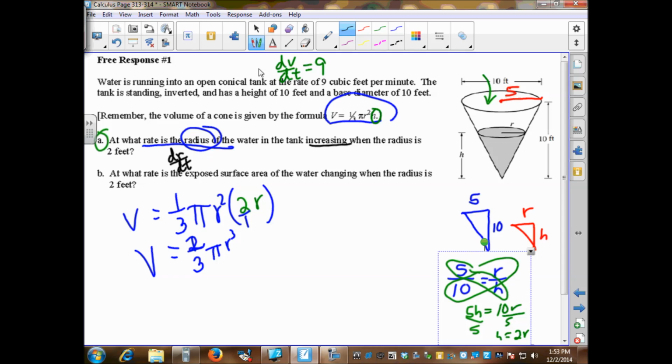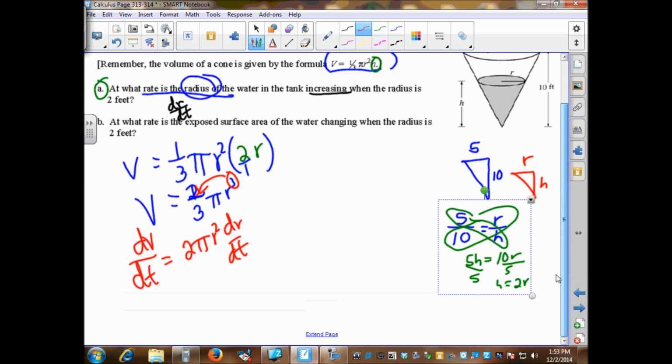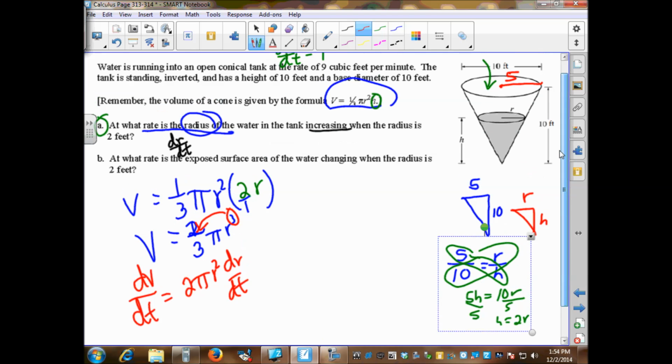All right, so let's do our derivatives now. The derivative of the volume with respect to time is dV over dt equal to that 3 times 2/3, the 3's cancel, and we're left with 2 pi r squared dr dt. Now we can plug in the information that we were given.